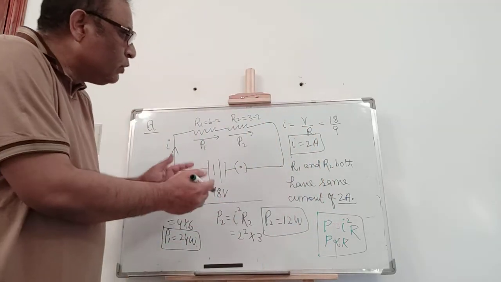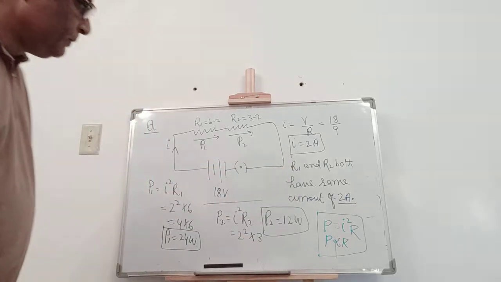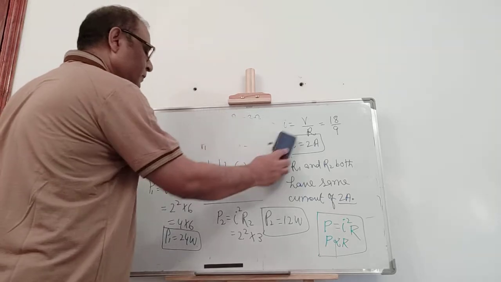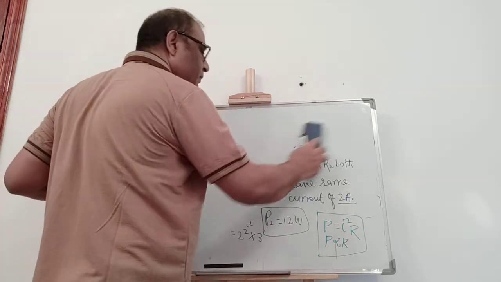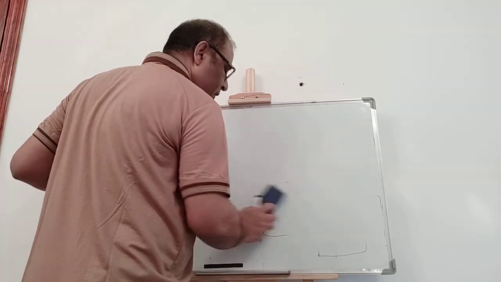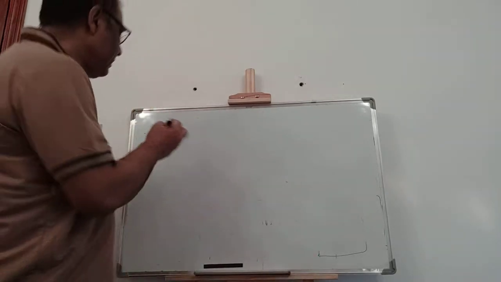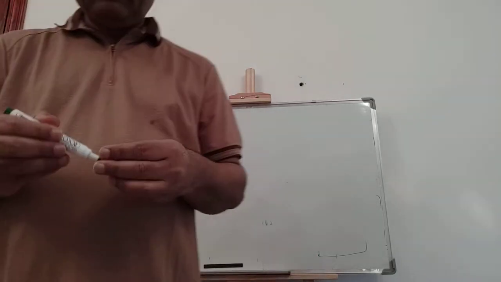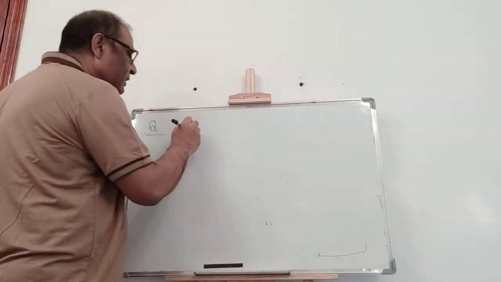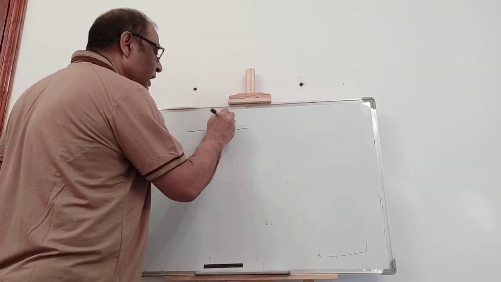Now we are going to do the same question, same values, for the parallel combination. Here, same resistance of 6 ohm, this equal to R1.